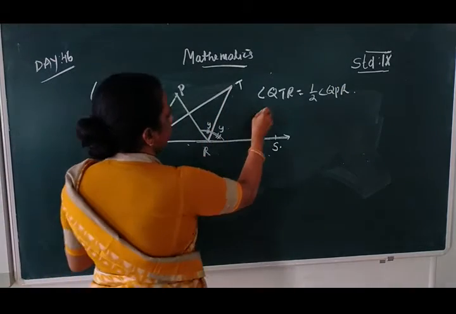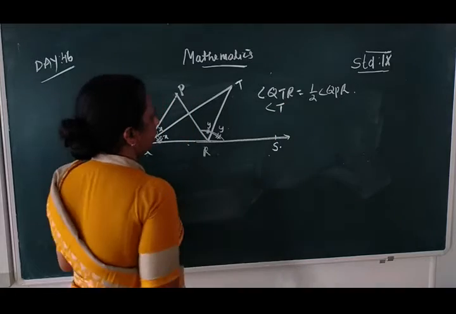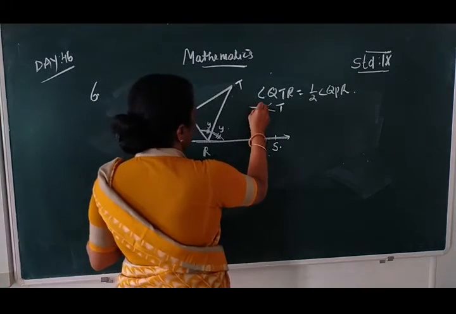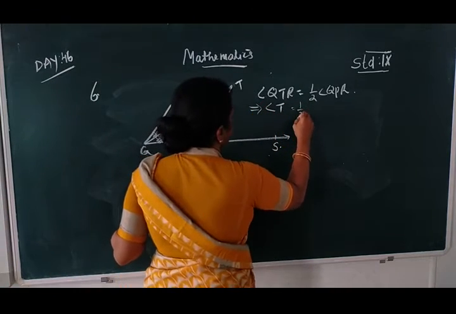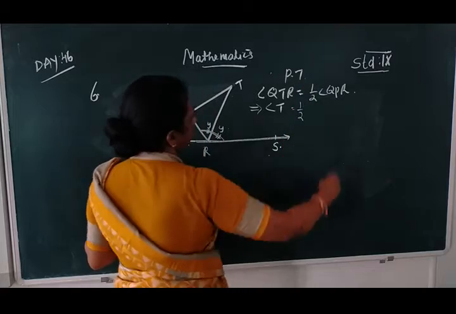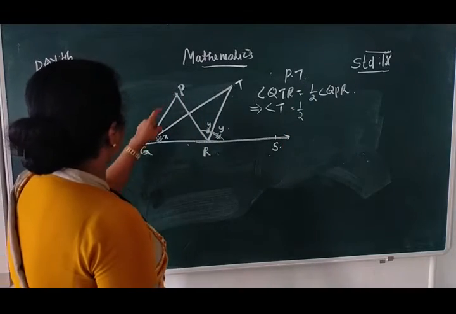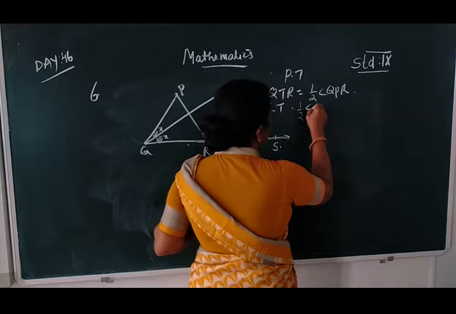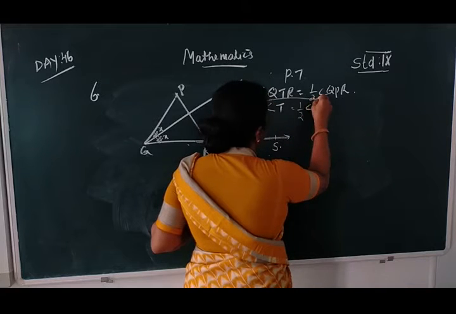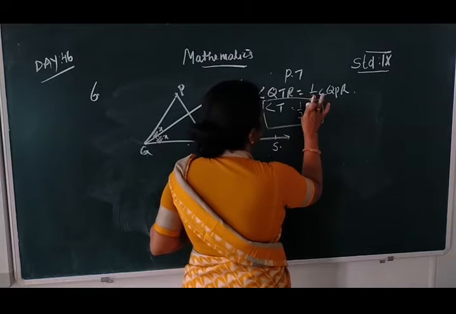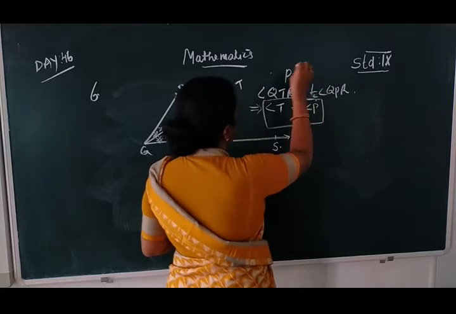QTR, I am simply writing as angle T, which implies half of angle QPR. QPR, I am simply writing as angle P. This is what we have to prove.